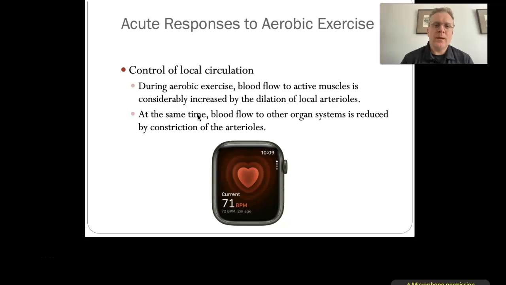So with the acute responses, once again, to aerobic exercise, the overall control of local circulation during aerobic exercise is that blood flow to the active muscles, like we just saw in that pie chart, increases as a percentage to the working tissues. But that's due to dilation in the local arteries.